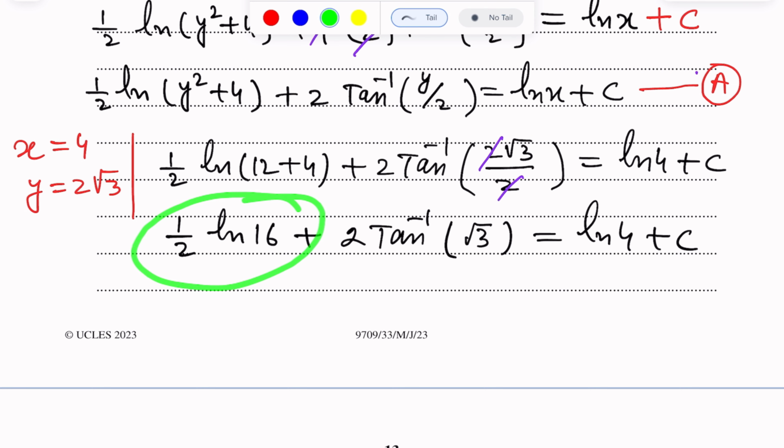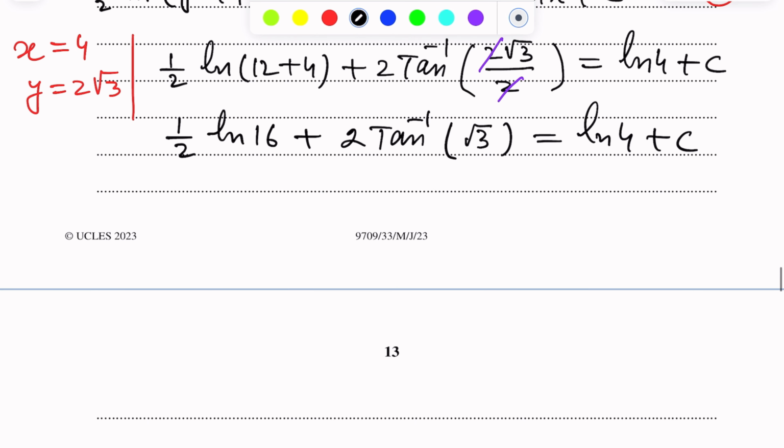Now the first term can be written as 1 over 2 log, we can write 16 as 4 square.